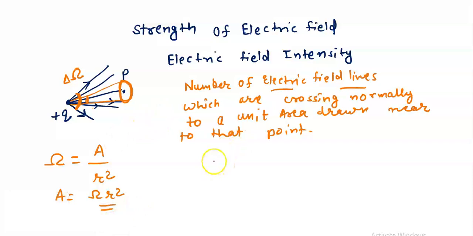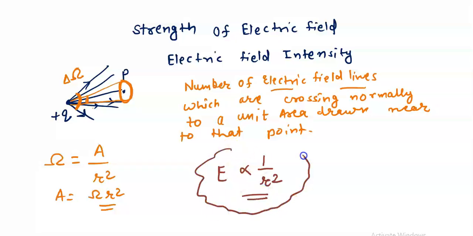If we do some mathematics here, we can conclude that the electric field intensity, meaning the number of electric field lines crossing unit area, is inversely proportional to the square of the distance. This is extremely important. Electric field intensity, that is the strength of the electric field, is inversely proportional to the square of the distance of that point from the charge.